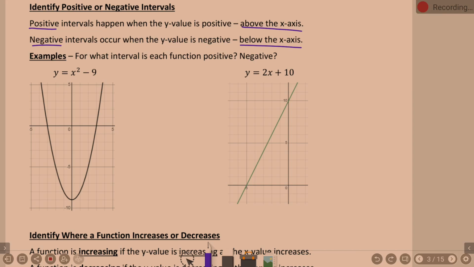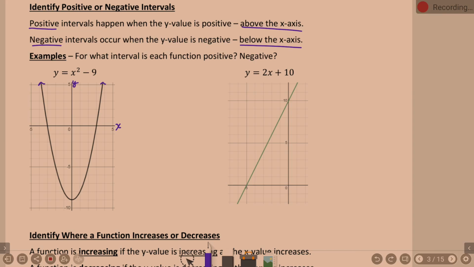That's the key here. So let's look at this first example. Y equals x squared minus 9. X squared graph. Parabolas. They like the parabolas here. You guys realize there's technically arrows there, right? And what do we have here? We have an x-axis and a y-axis.